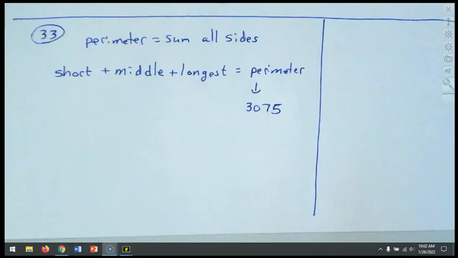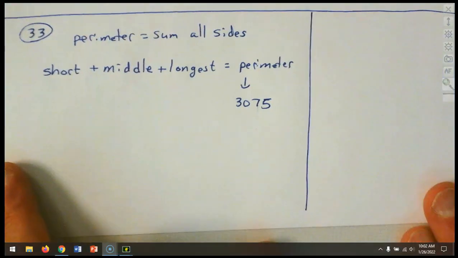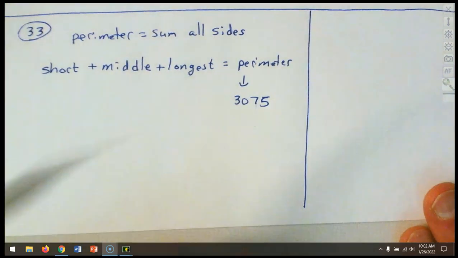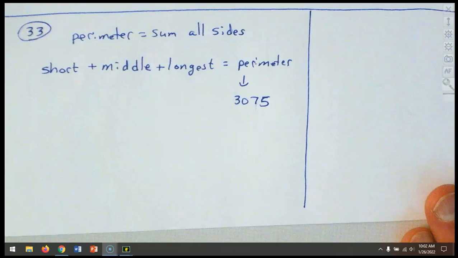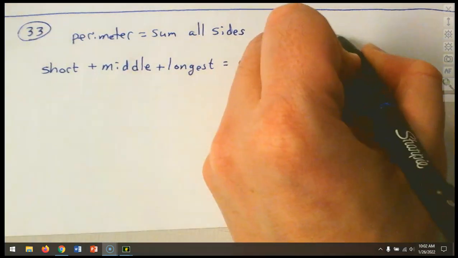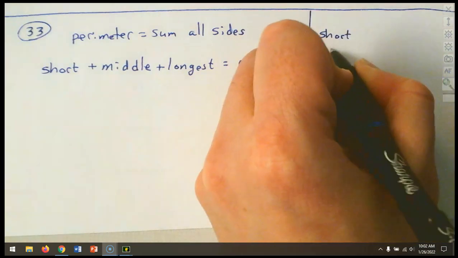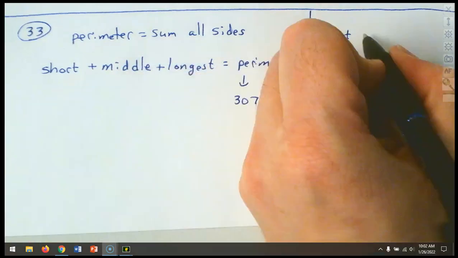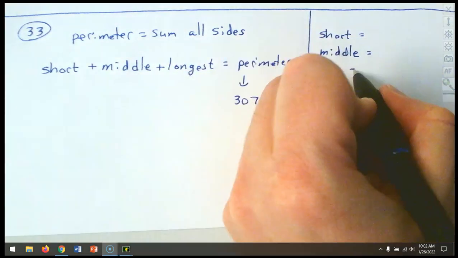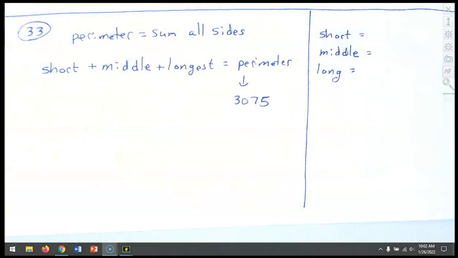Now over here, let's see how all of these relate to each other as far as the sides. We know our perimeter is 3075. And how do they relate to each other? So we've got a short side, middle, and a long side. Now again, we're going to use words first and then plug in the variable.